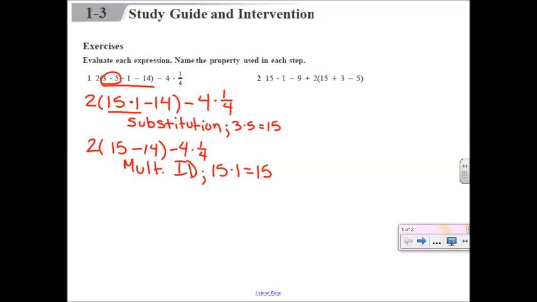The last thing to do inside the parentheses is 15 minus 14. That's going to be a substitution, and that will say 15 minus 14 equals 1. It's going to be substitution, like I said.